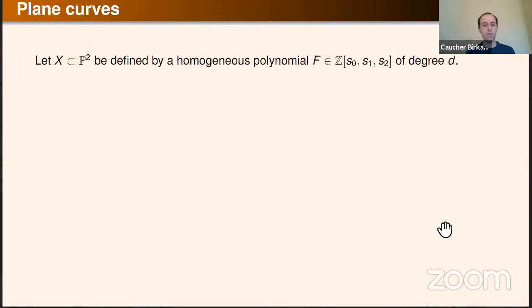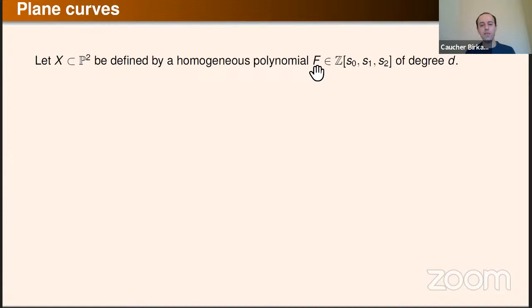Okay, but for today, I'm going to mostly focus on the two-dimensional projective space, just P2, and look at algebraic varieties inside this P2. So this is basically the simplest type of algebraic geometry that you can do, which is not trivial. So we take X in P2, defined by one single polynomial F. The coefficients of this polynomial, I will even take to be integers.